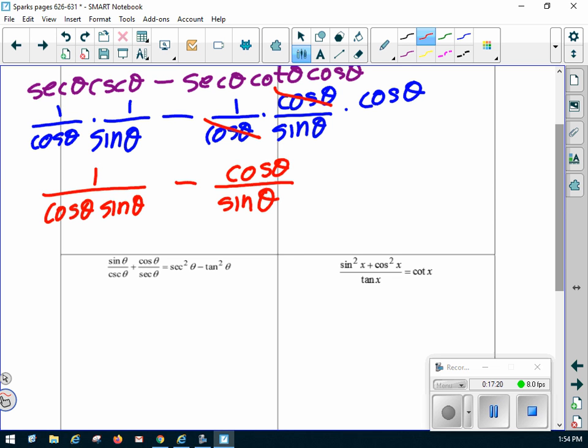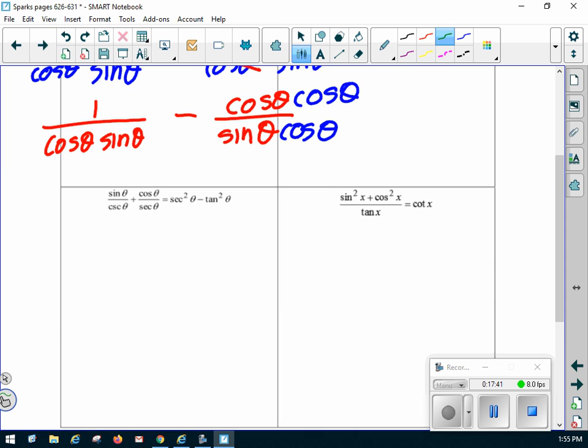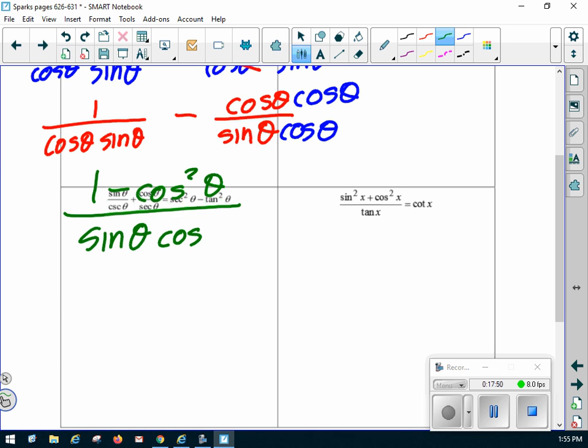Common denominator. What's our common denominator? Cosine theta times sine theta. What do I have now? I have 1 minus cosine squared theta over sine theta cosine theta.